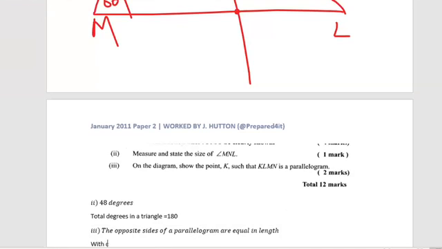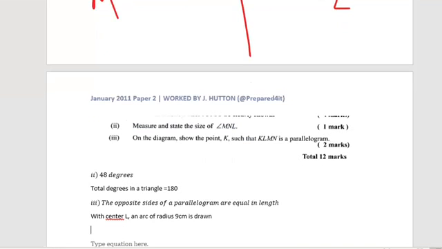So with center L, an arc of radius 9 centimeters is drawn, and then with center N, an arc of radius 7 centimeters is drawn.